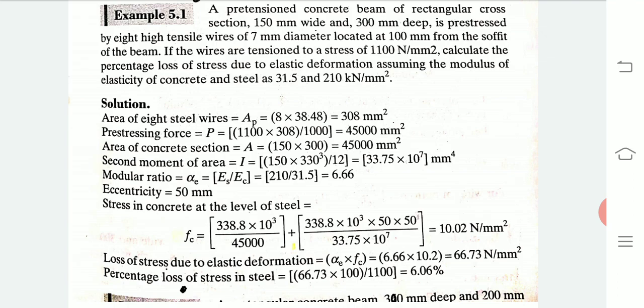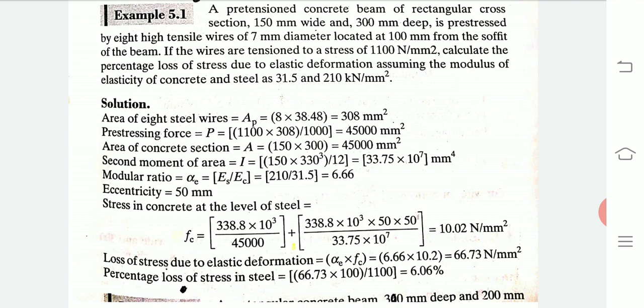Next, the area of the section is 150 into 300, which we get easily. Then the moment of inertia is BD cube by 12, which we get as 337.75 into 10 raised to 7 mm raised to 4. Then we need to calculate the modular ratio, because when we have to find losses due to elastic deformation, we need the modular ratio.